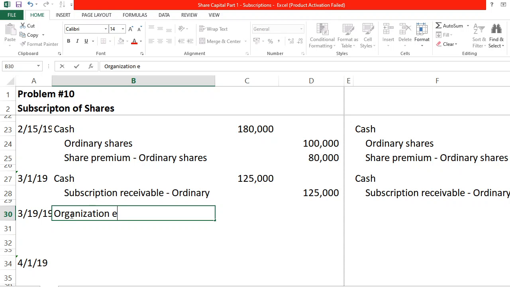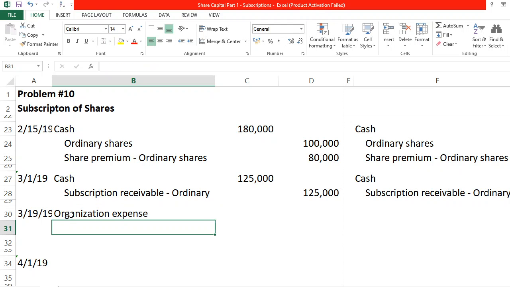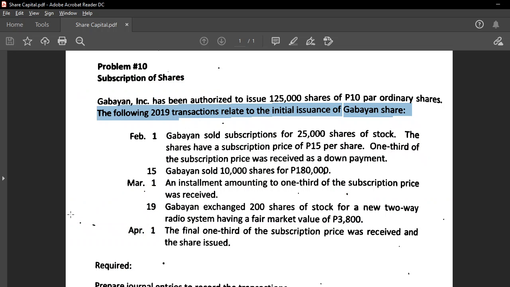organization expense. Okay? Organization expense is the expense that you incur upon the initial transactions, or when you're just setting up the corporation, like nagbayad ka sa SEC, nagbayad ka ba sa photocopy or printing sa imong articles of incorporation, nag-consult ka ba og attorney, mga legal fees on the initial issuance of your shares.